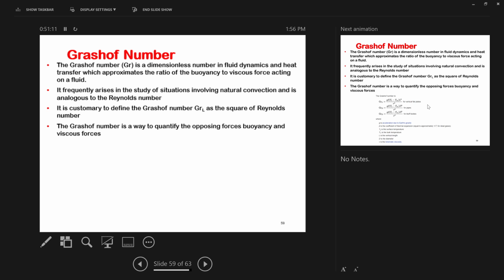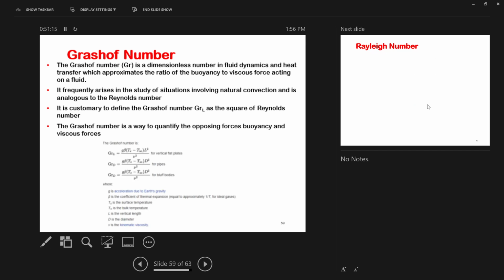It is a way to quantify the opposing forces of buoyancy and viscosity. We can calculate the Grashof number using these equations for different types of shapes, right?